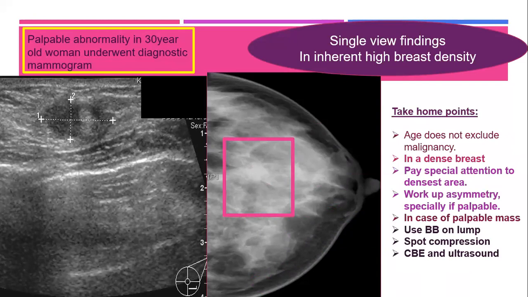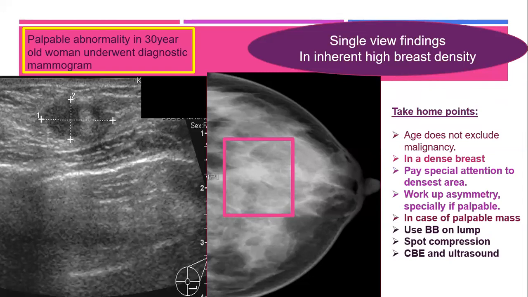The patient is 30 years old, and in dense breast we have to pay special attention to any denser area. Look for any area more dense than the rest of the breast. Take it into account and work up the asymmetry, especially if palpable.